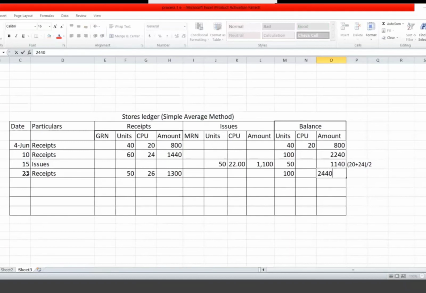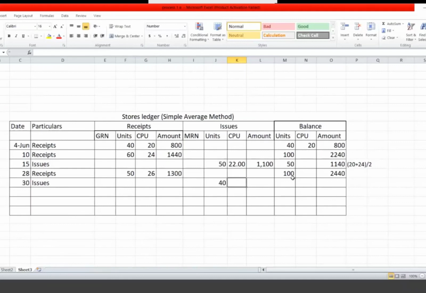Now again after 28th, it is on 30. What do we have? Issues. How many units have they issued? 40. Now again, how do you fix the price? Of the first 100 units, 50 we have issued. That means the lot of 40 was already fully completed; no more items were left. So when you are finding the simple average, you need not include this 20. You can directly take 24 and 26.